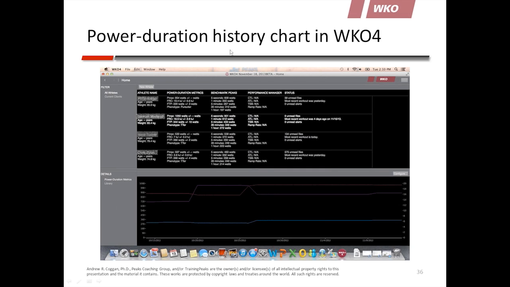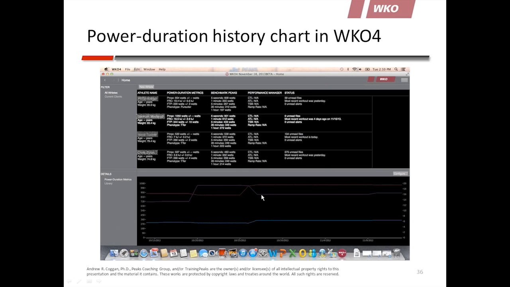And I'm trying to remember the color coding here. I know this is FTP, so the model derived FTP. I believe purple is Pmax, and then the red would be FRC.